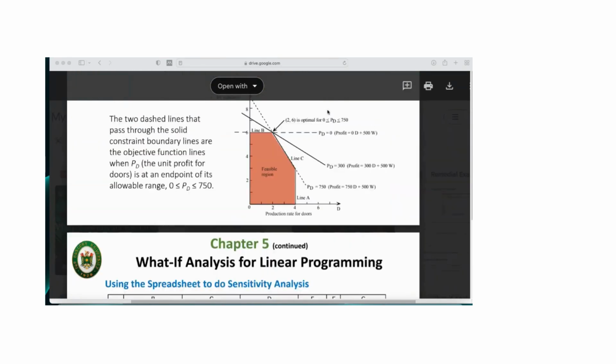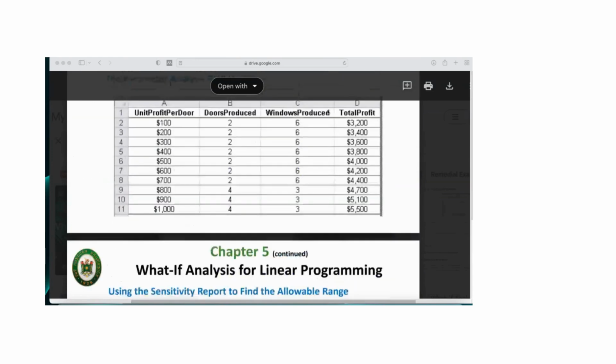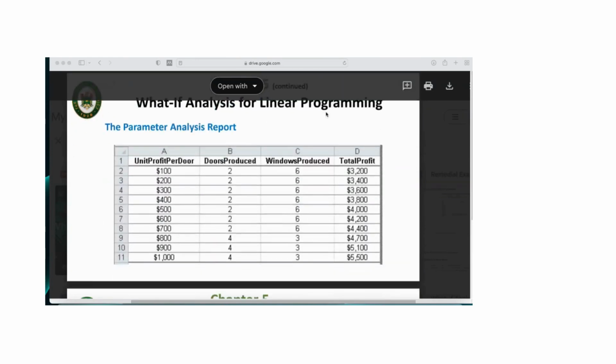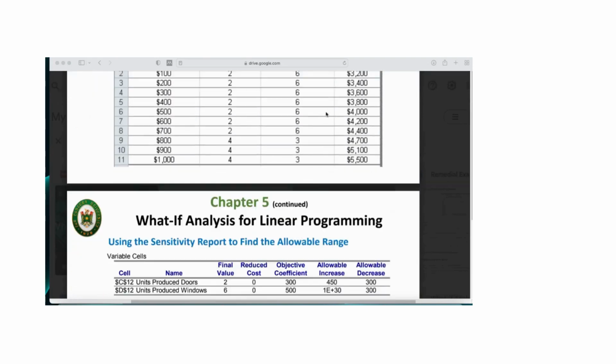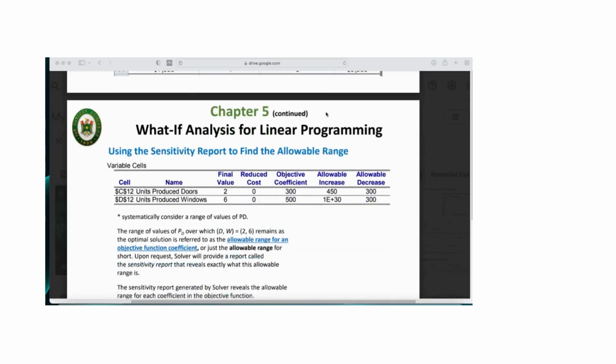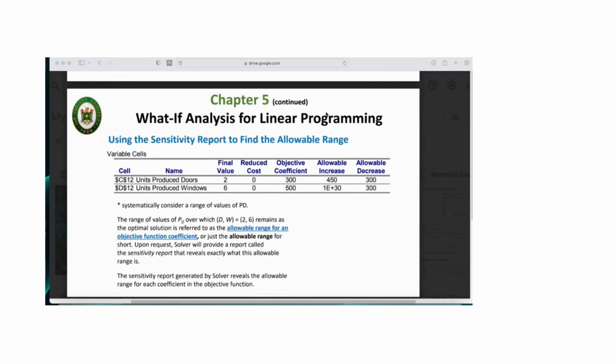The report that we will need is called a parameter analysis report. And for other values, we can use the sensitivity report for the allowable range to find out what happens to the optimal solution if we keep changing the parameter. So we use these two tables.